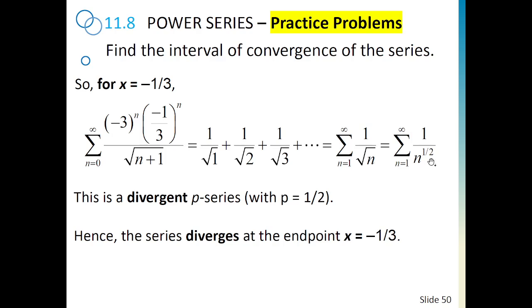This is a p-series with p equal 1/2, which is smaller than 1, which means this series is divergent by the p-series test. So at the endpoint x equal negative 1/3, the series is divergent.